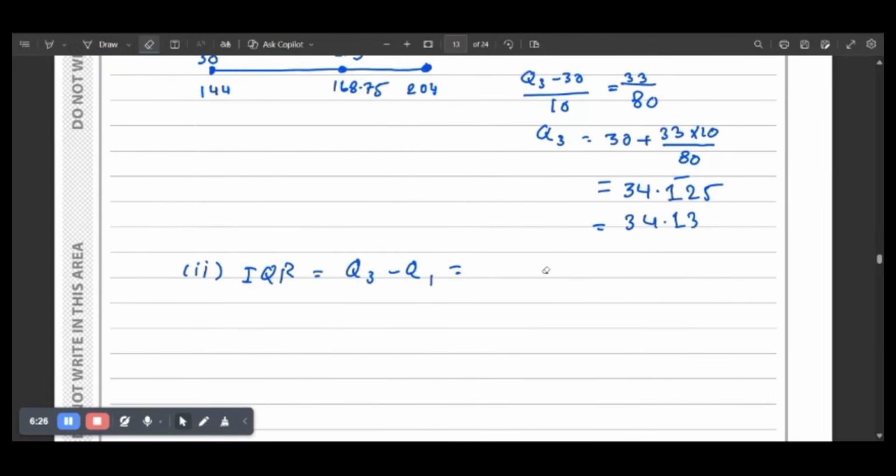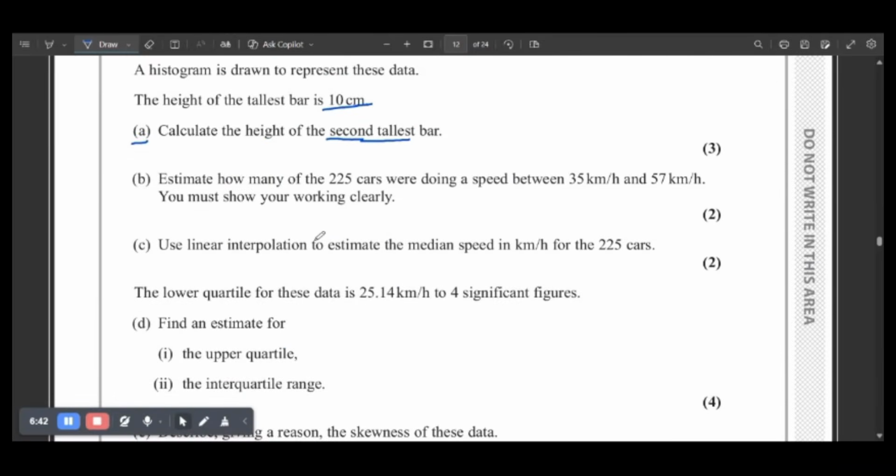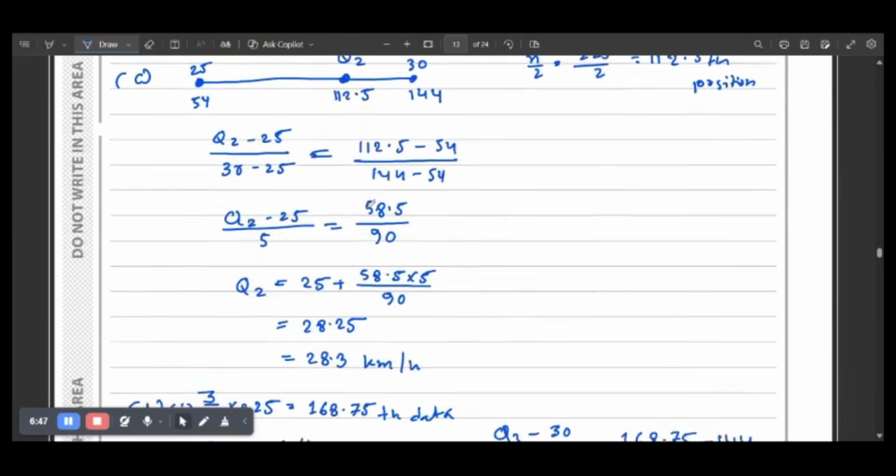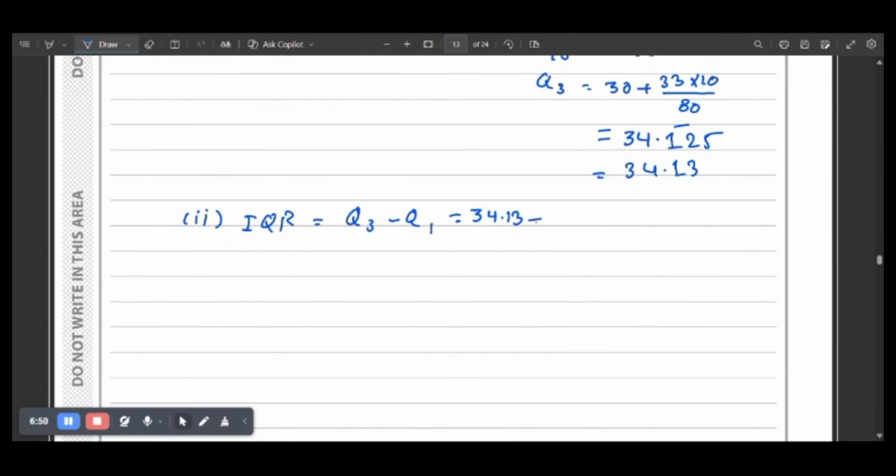So for our interquartile range, we have to subtract Q1 from Q3. Q3 is equal to 34.13, and Q1 is given in the question as 25.14. This gives us the interquartile range of 8.99.